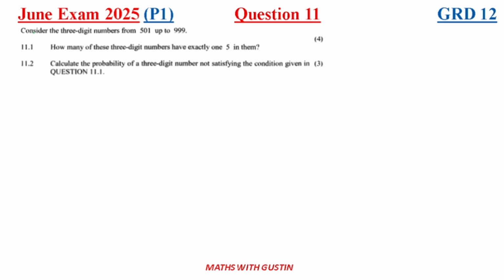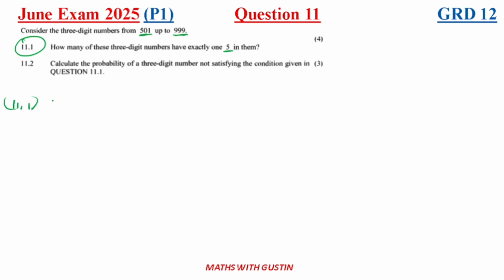Question 11 says here, consider the 3-digit numbers starting from 501 to 999. 11.1 said, how many of the 3-digit numbers have exactly 5 in them? Right. So if I was someone, I was just going to do it like this.